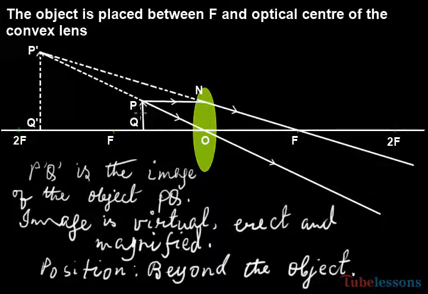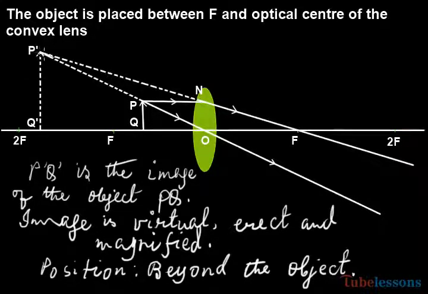Now from the point P, a ray is incident on the lens, and after refraction it goes towards the line NF, and another ray PO passes through the optical center O. Now these two rays will never meet at a point, but it appears that this ray is coming from point P dash, and this ray PN also is coming from P dash. So it appears that these rays are coming from the point P dash.